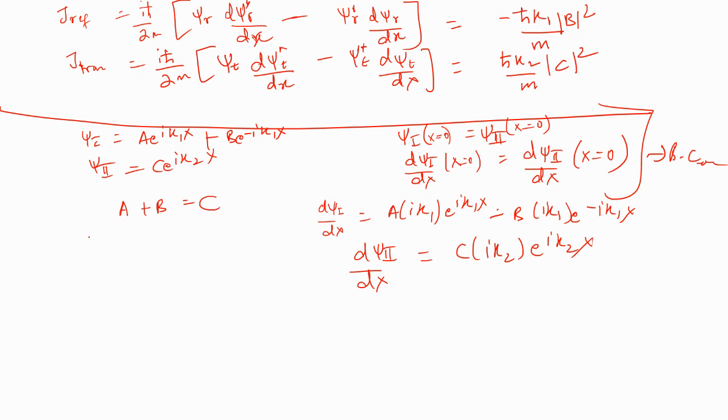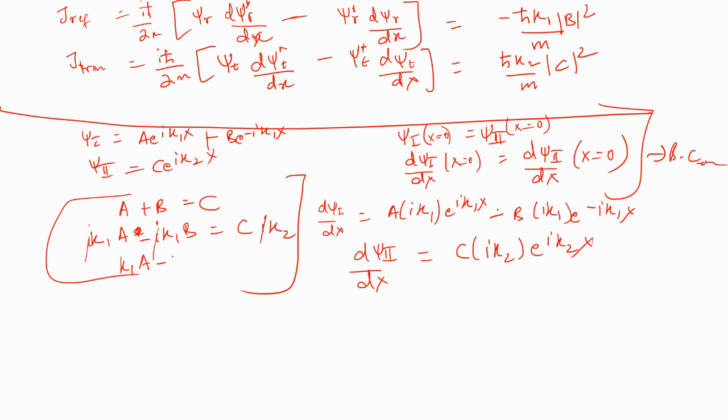So we will get iota k1 a minus iota k1 b is equal to c iota k2. These are the two equations, and you should solve them for finding out C and B in terms of A. This iota will cancel from both sides, right? So it will be k1 a minus k1 b is equal to k2 c.